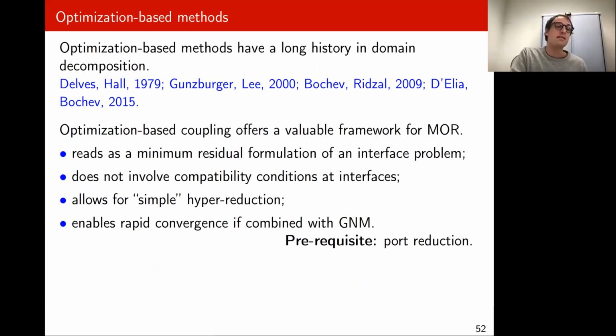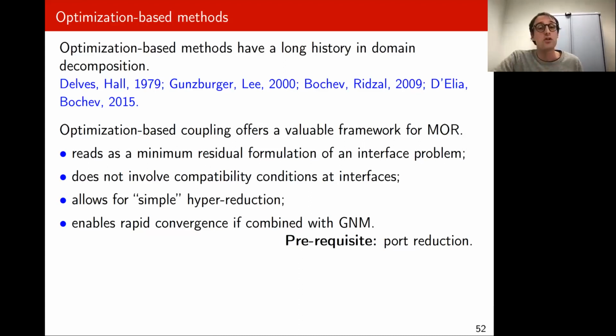What I claim here is that optimization-based coupling offers a valuable framework for model reduction because it reads as a minimal residual formulation of an interface problem. And we know that minimal residual is a well understood projection technique in model reduction.